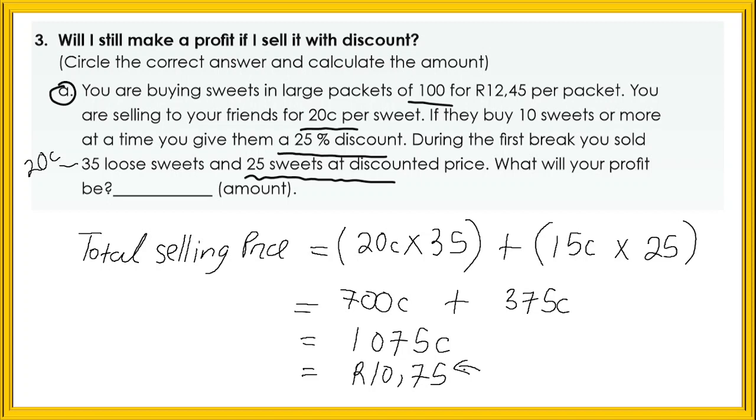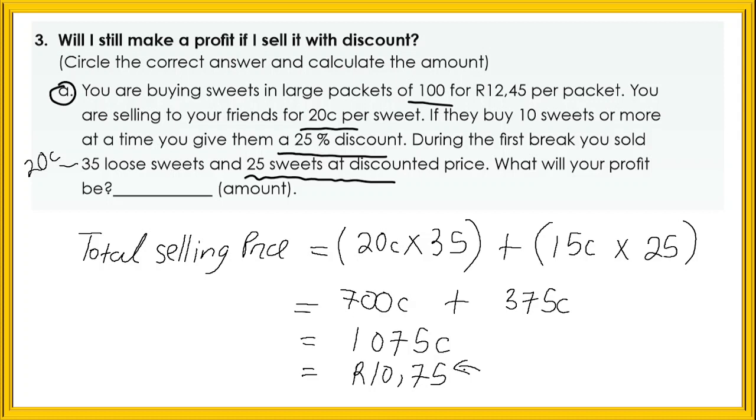Right, let's go back and read the question. You're buying sweets in large packets of 100 for 12 rands per packet. You are selling to your friends at 20 cents per sweet. If they buy 100 sweets or more at a time, you give them a 25% discount. During the first break, you sold 35 loose sweets and 25 sweets.